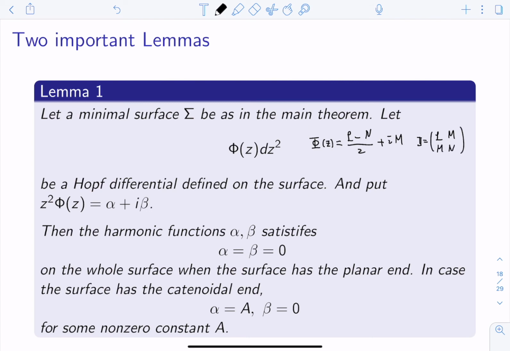These results are telling us that we can express z squared φ(z) to be some constant c. So in this manner, we can see that the free boundary condition controls the second fundamental form.